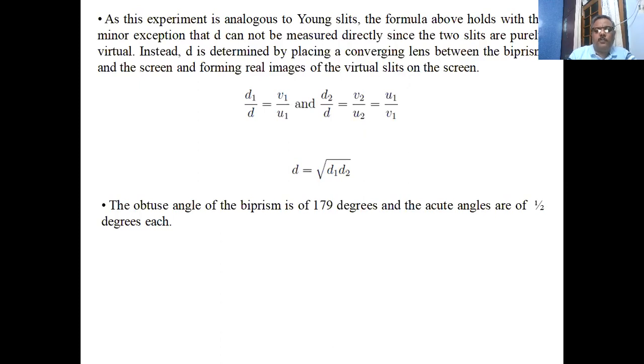So what we do is place a converging lens between the biprism and the screen, and forming the real images of the virtual slits on the screen, we measure the distances separately for both the sources. The distances are D1 and D2. The distance between the two virtual sources is the square root of the product of D1 and D2.